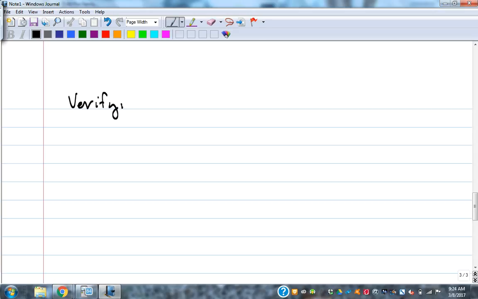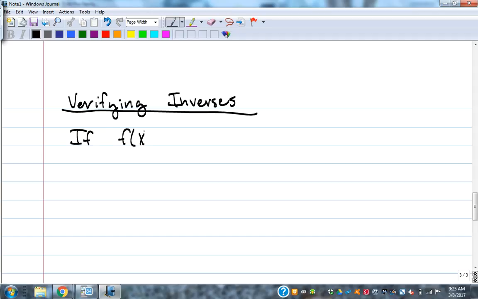So let's do the last thing. And if we don't get this in before the bell rings, that's okay. Verifying inverses. This is where the composite functions relate to the next section. If f of x and g of x are inverses, let's get this last statement in, we'll finish this in the morning.